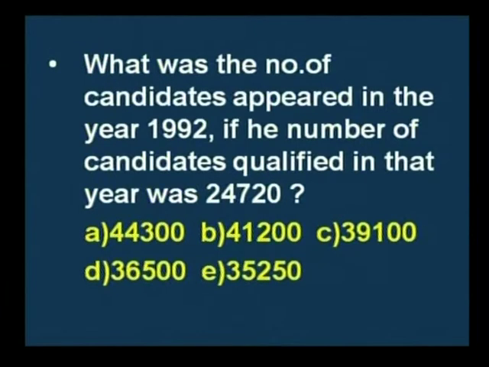First question, what was the number of candidates appeared in the year 92 if the number of candidates qualified in that year was 24,720? I will repeat the question: what was the number of candidates appeared in the year 1992 if the number of candidates qualified in that year was 24,720?